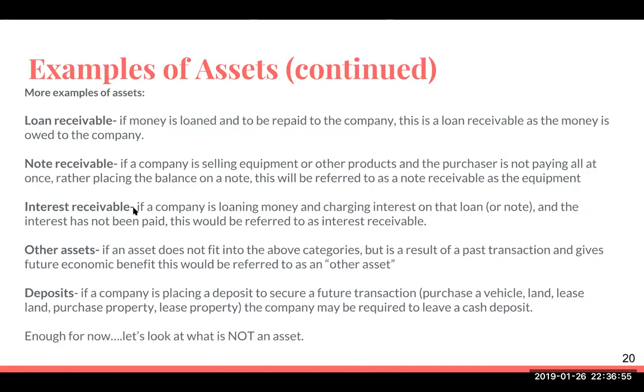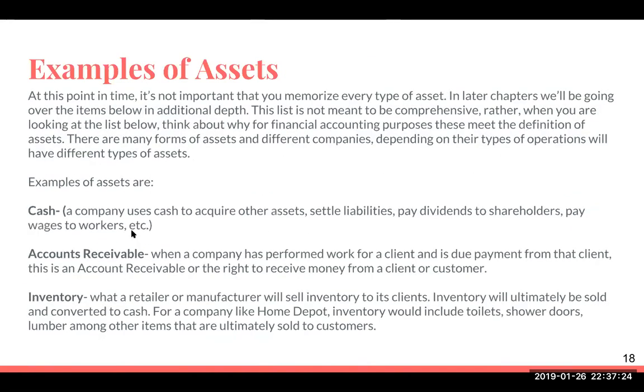Interest receivable. If I've loaned money to somebody and I'm charging interest and that company has not paid the interest, then that's what we call interest receivable. We have other assets, which are anything that doesn't really fit into any of these other categories. Deposits can be like a prepaid item, like prepaid consulting fees. So those are examples of assets. And most importantly, don't say a person is an asset.